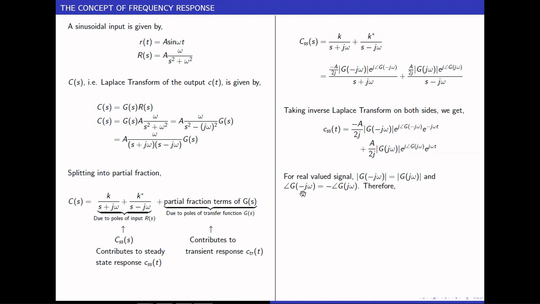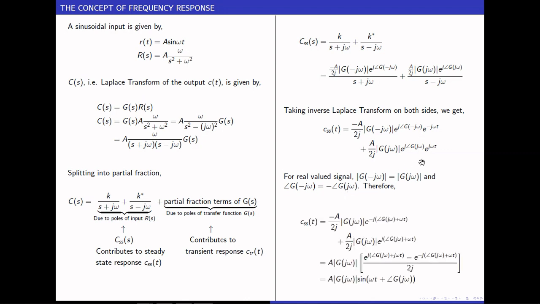Okay, so angle of G of minus j omega is going to be minus angle of G of j omega. So if you make these substitutions in the above expression, this is what it becomes. G of minus j omega magnitude is the same as G of j omega magnitude, and this angle I can replace with a negative sign here.